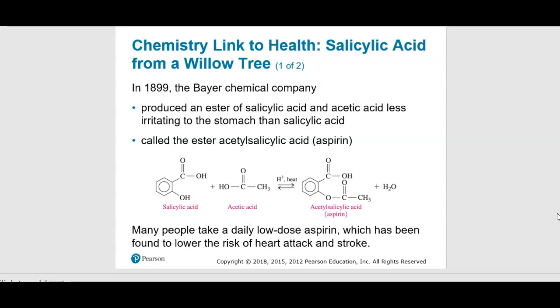I don't quite know where the name came from, and you could easily look it up and probably find a derivation of that. But that really made a lot of money for these people. Bayer was mostly into making dyes, things like that. Anyway, there are also people who take a low-dose aspirin daily, which has been found to lower the risk of heart attack and stroke.